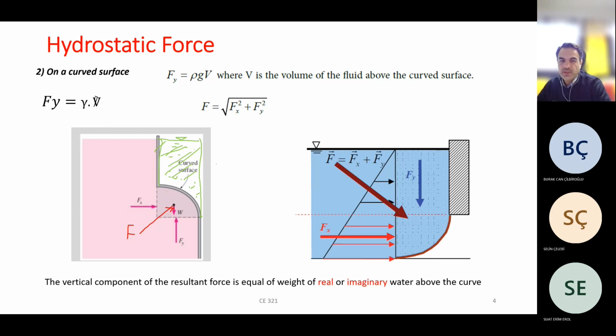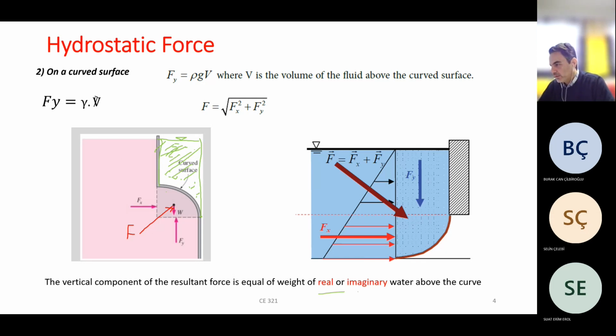So if we want to mathematically express a formula for Fy, the vertical force, we can say Fy equals gamma times V. Which V? The water above the curve.